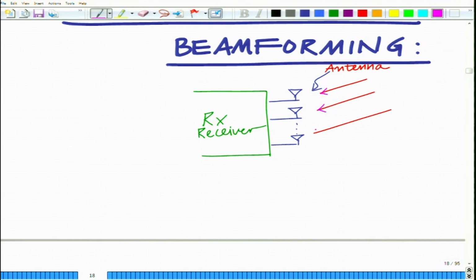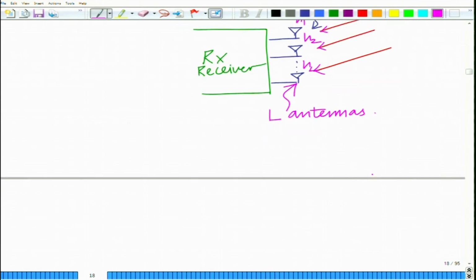So, you have the various channel coefficients corresponding to the antennas 1, 2 up to let us say L. So, there are a total of L antennas, and in this multi-antenna system we have these channel coefficients H1, H2 up to HL. These are the channel coefficients.